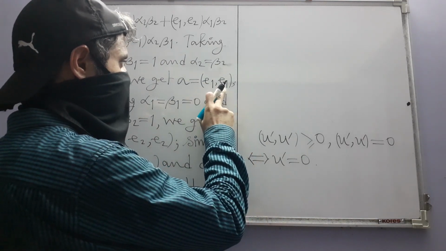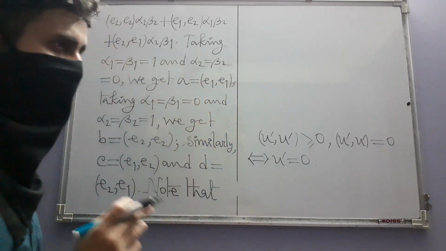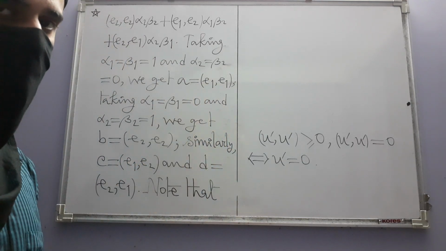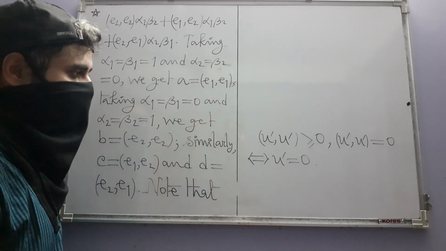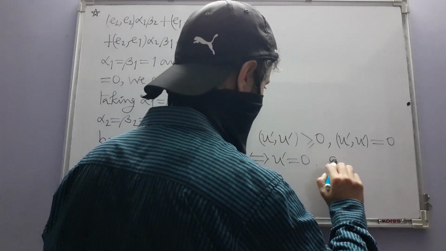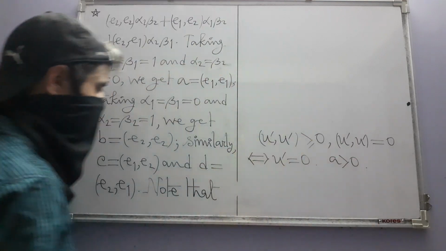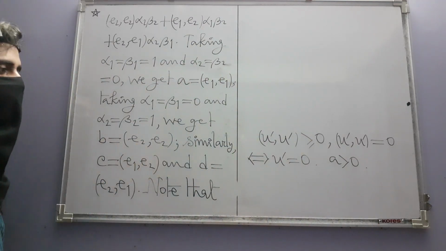Here also we have the same situation, but is the vector e1 0? No, it's a basis vector, how can it be 0? So that means A has to be positive, A is strictly positive. Similarly, B is also positive.